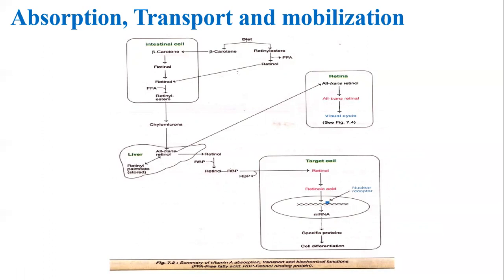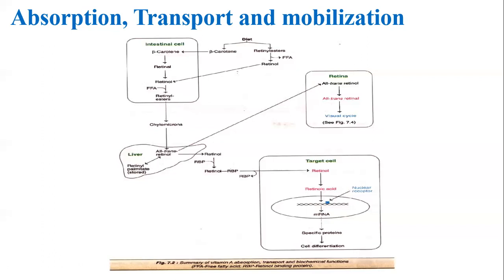The absorbed beta carotene in the small intestine is broken down by the dioxygenase enzyme, and 1 mole of beta carotene is converted into 2 moles of retinal, and this retinal is further changed into retinol. After the addition of fatty acid, this retinol converts into retinyl esters, and these retinyl esters are transferred to the liver.